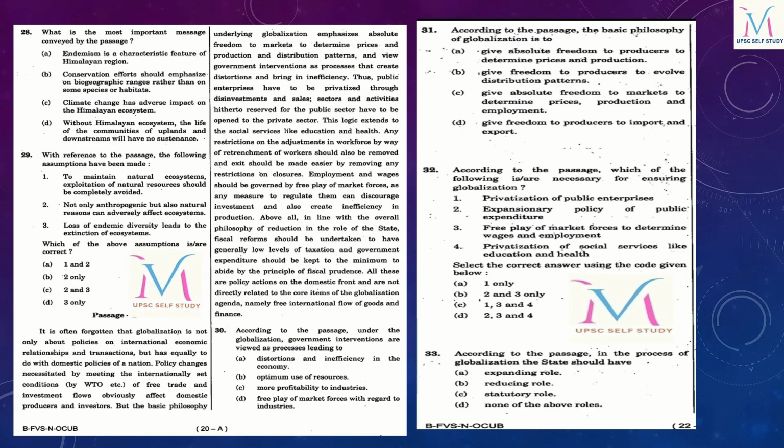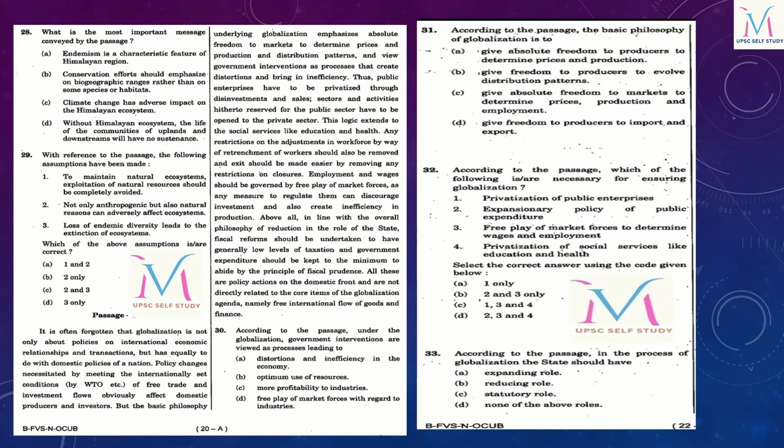So for question number 32, answer C is correct: options 1, 3 and 4. These are necessary for ensuring globalization. So option C is correct.